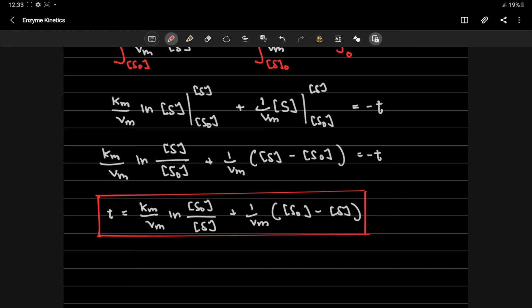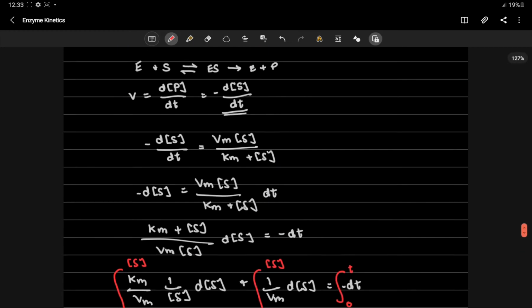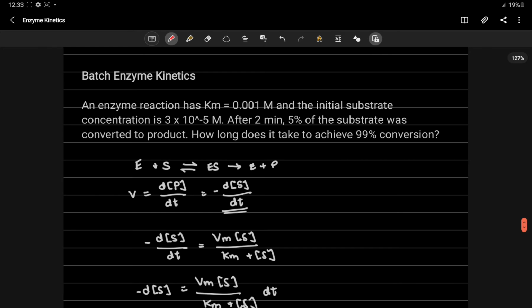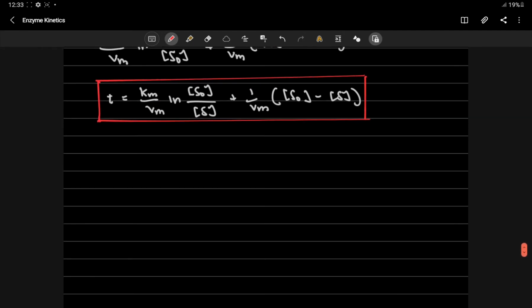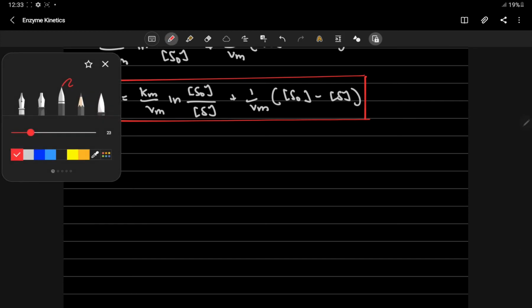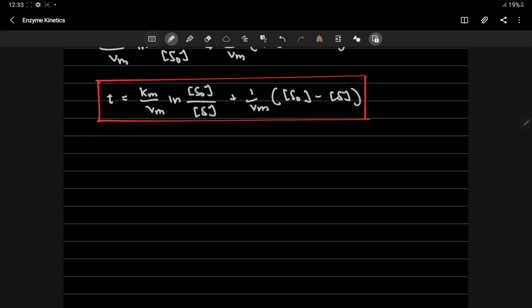sa problem, if we just recall here, meron tayong Km value, meron tayong initial substrate concentration, and after 2 minutes, 5% yung conversion. So let me probably write them down here. So again, the Km, or the Michaelis-Menten constant, is Km equals 0.001 molar.